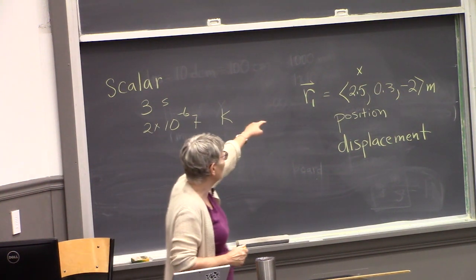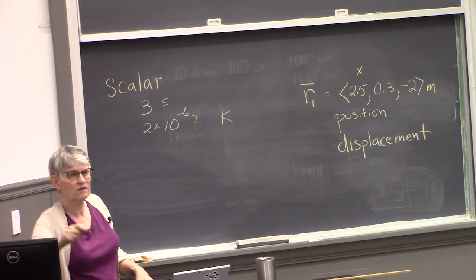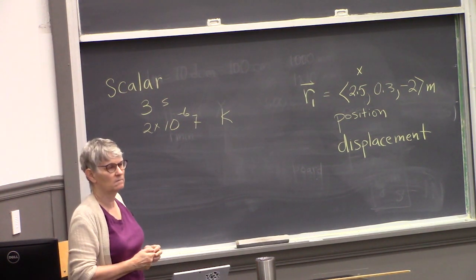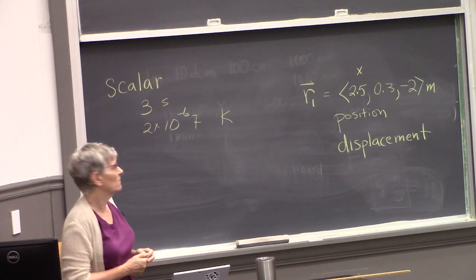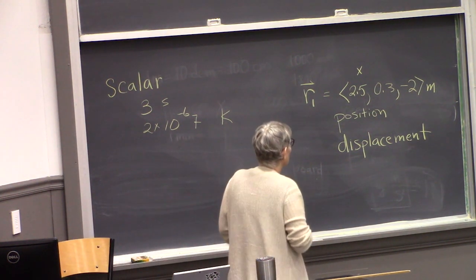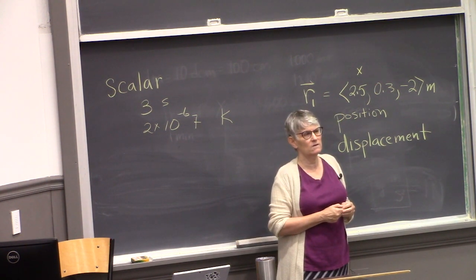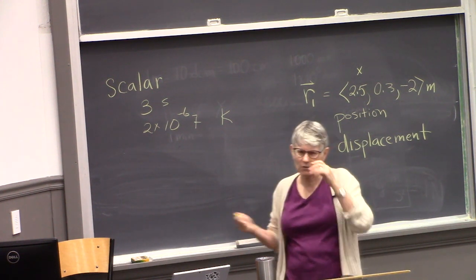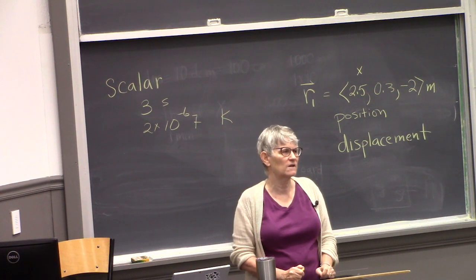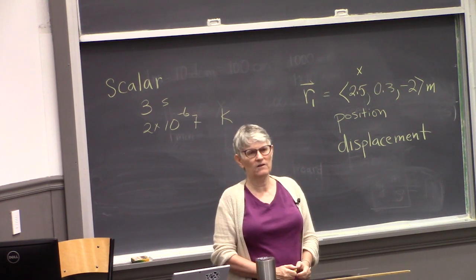Okay, how far away is that point from this location? If we know its location, how do we figure out how far away it is? Well, what would we do with a sine and a cosine? We could use the Pythagorean theorem.